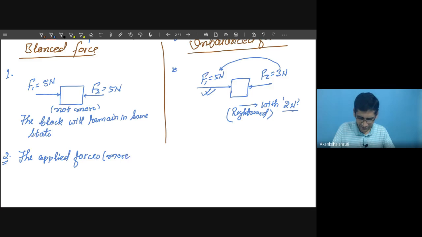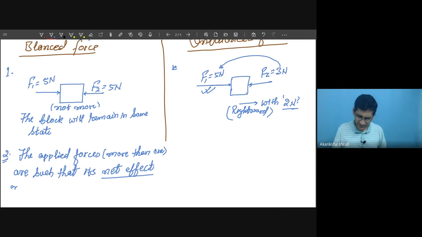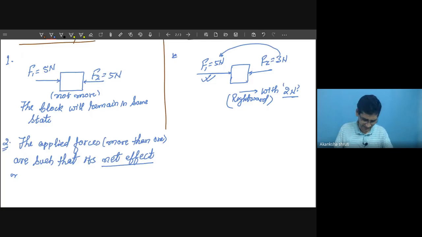That's why I have written forces, more than one, are such that its net effect, so either it is written in terms of net effect at your level, or this net effect in higher standards is called the resultant, or its resultant is 0.